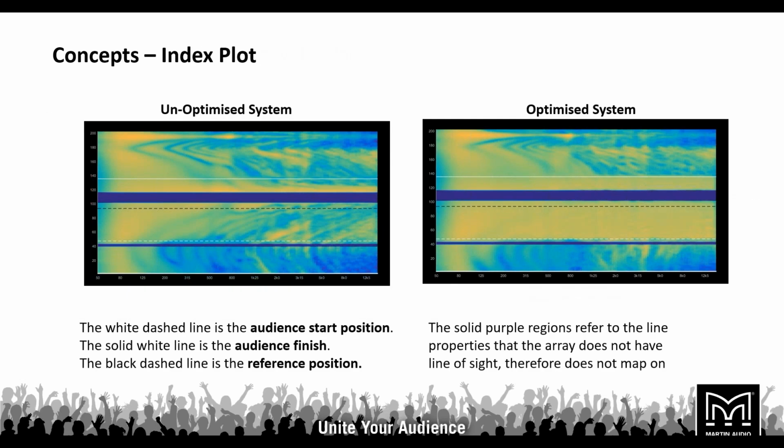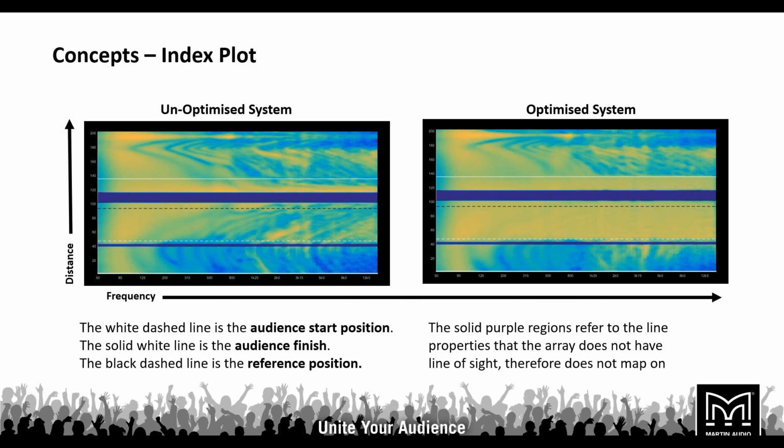Another concept, quickly to touch base on for the ones that are not familiar with it, is our index plot. Whoever's familiar with SMAART and with a spectrograph, this is a slightly modified version of a spectrograph, whereas the horizontal axis displays frequency, but the vertical axis, instead of time, displays distance.